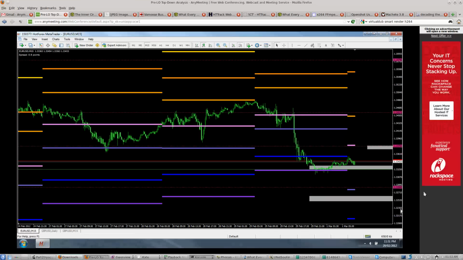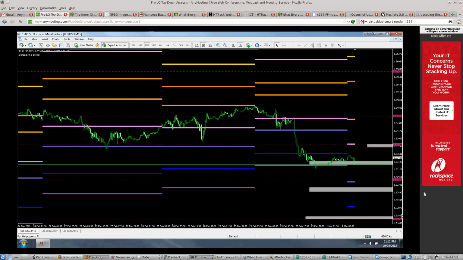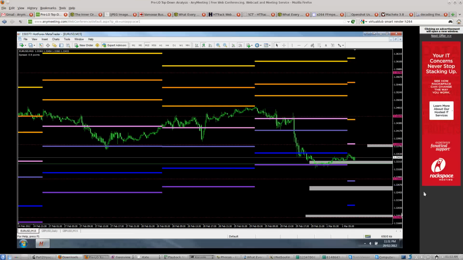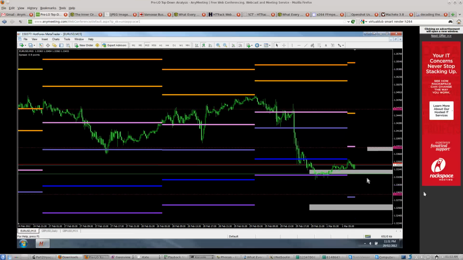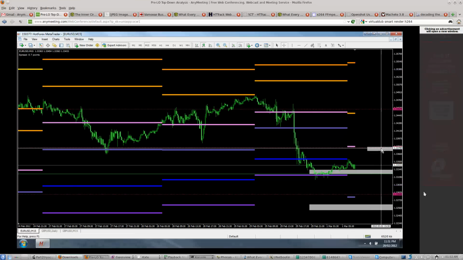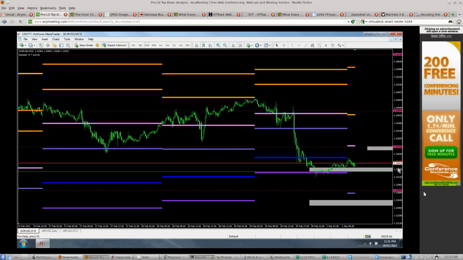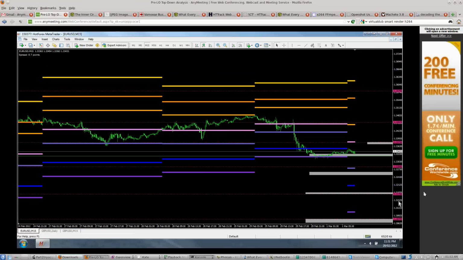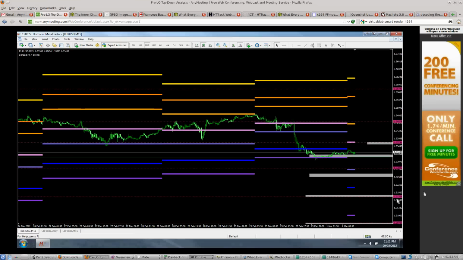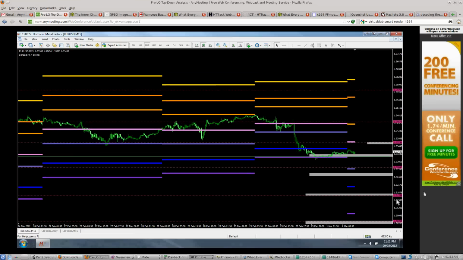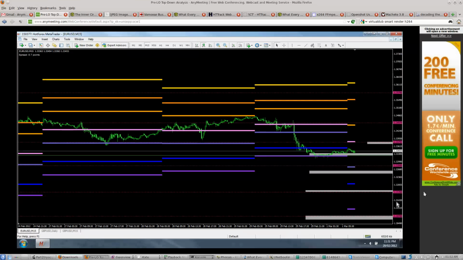See here, you've got this level that I highlighted earlier is MS1. You've got the CPP, central pivot, on the highlighted resistance zone. Other than that, in terms of confluence, that's really it. So make a note of that, I guess.